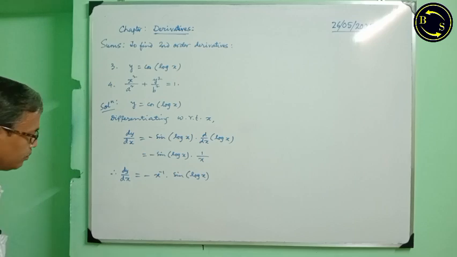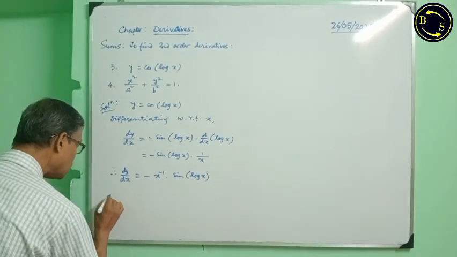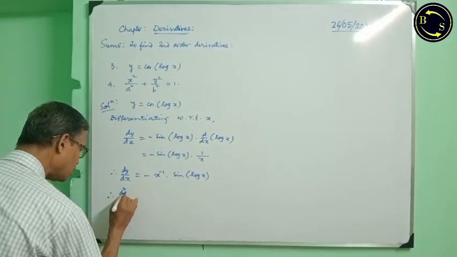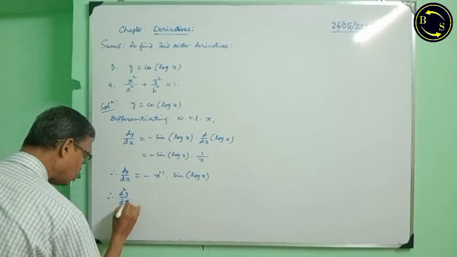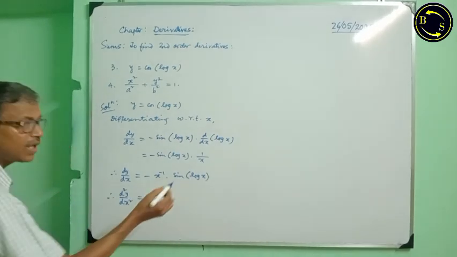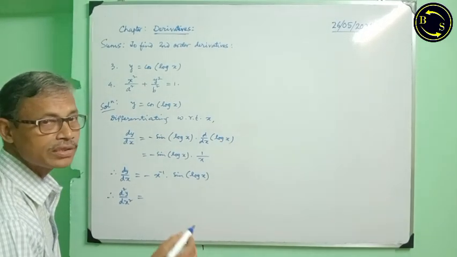It is a product of two functions. Therefore, d2y/dx2 is equal to minus, the derivative will be minus f dash x.